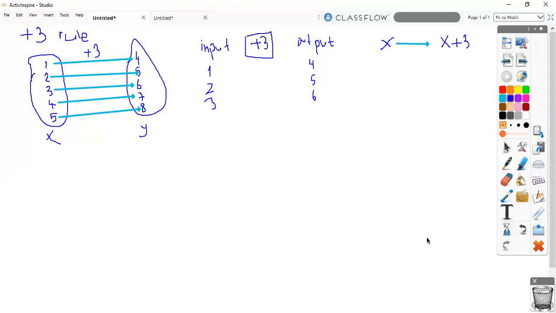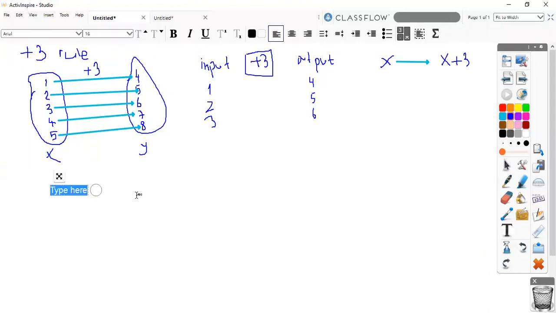Let me write them as points here. First one was 1 and 4. The second point was 2 and 5. The next point was 3 and 6.